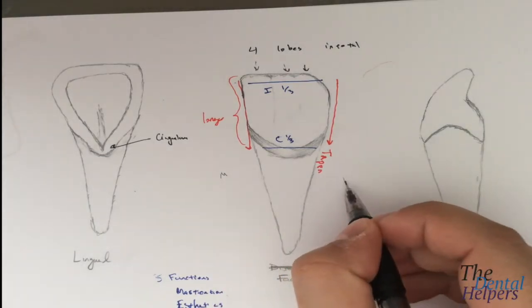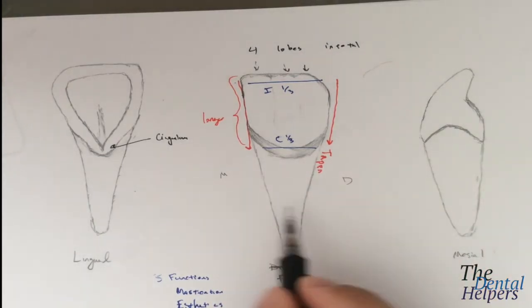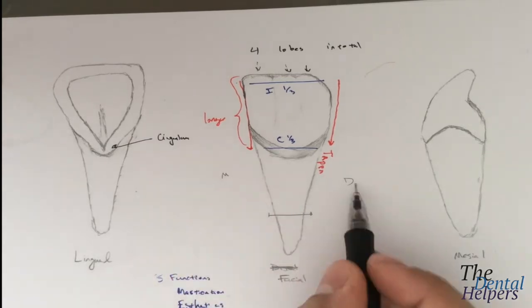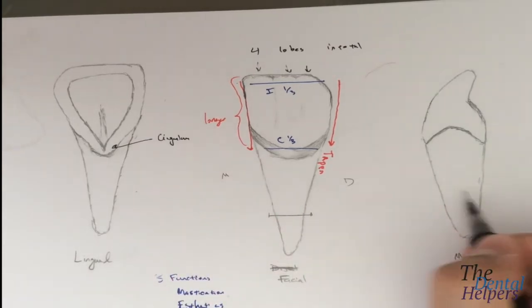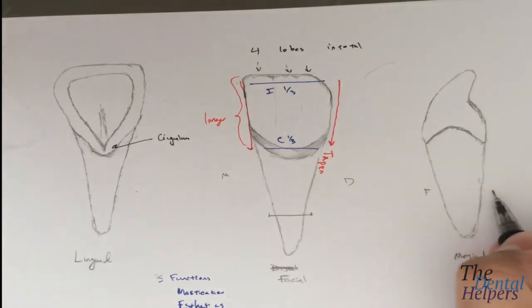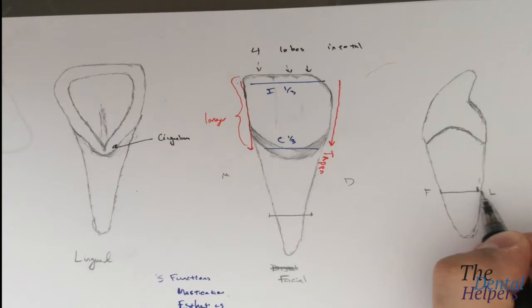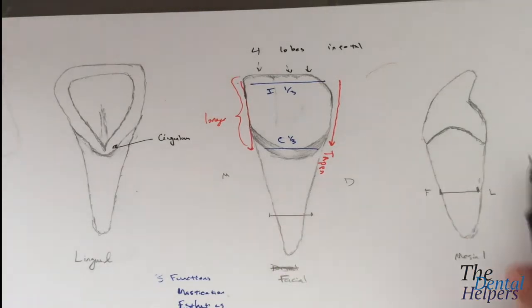This is the mesial versus the distal view. Comparing the width of the root from the facial or lingual view versus the mesial or distal view, we can see that there is a significant size difference.